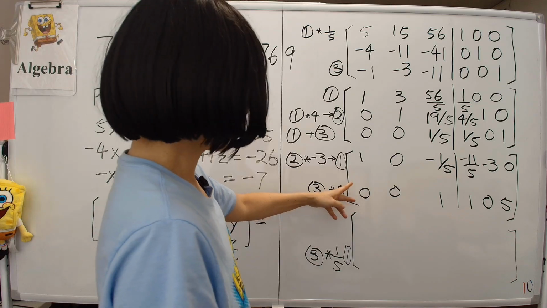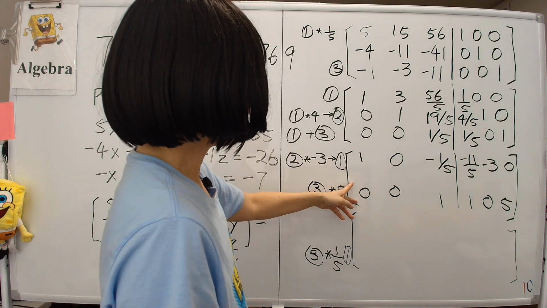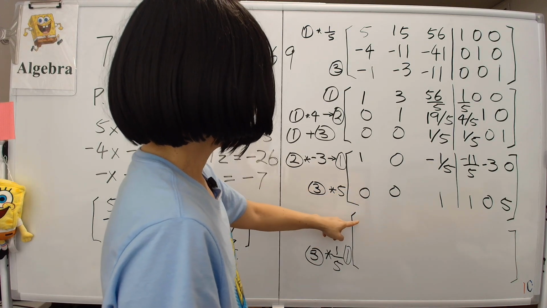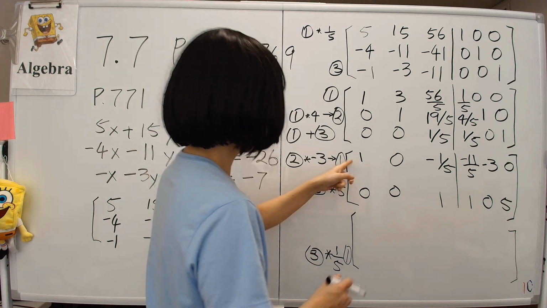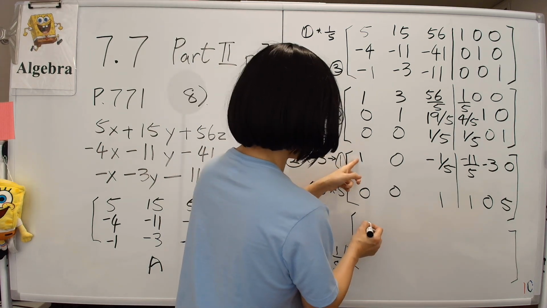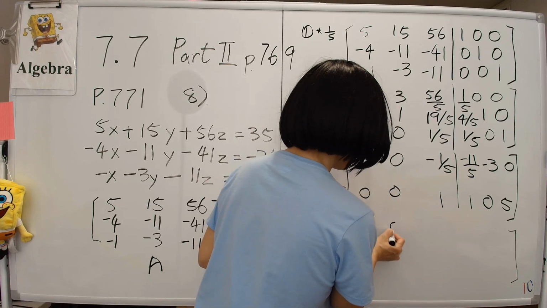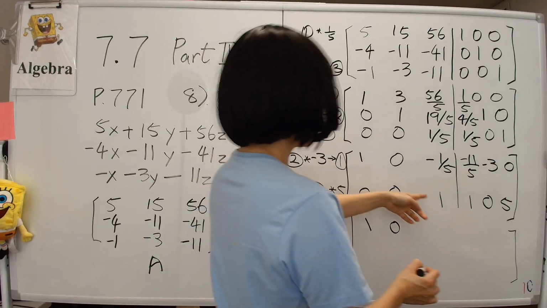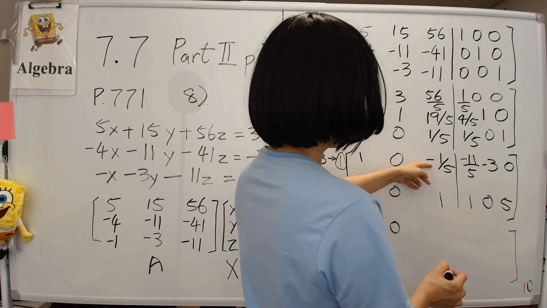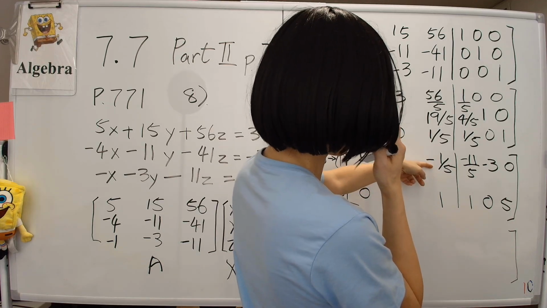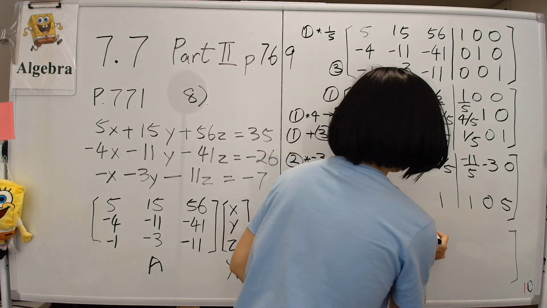So row 3 multiplied by 1/5, this will not change anything because it's 0. So the 1 stays, okay? And then this also won't change anything. The 0 stays. And then this multiplied by 1/5 and then added to that is going to be 0.